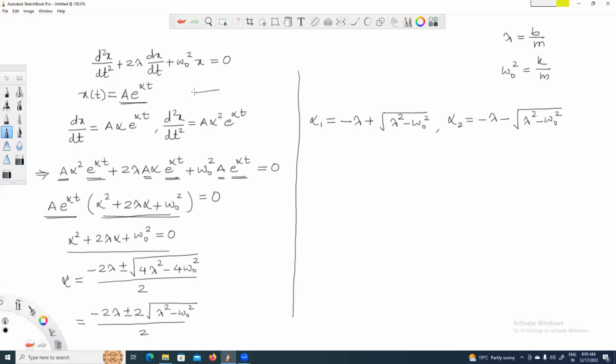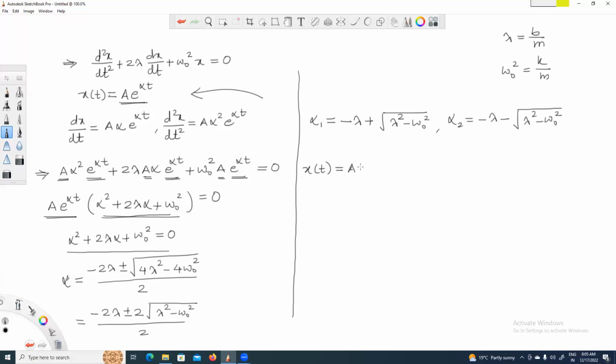If I put these two values in this particular solution, I get the solution of the differential equation, and it will look like x of t equals to. Now, remember, this is a second order ordinary differential equation. So you have got two independent functions as a solution here. So you'll be having two constants.